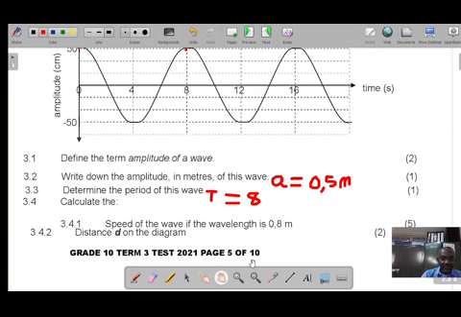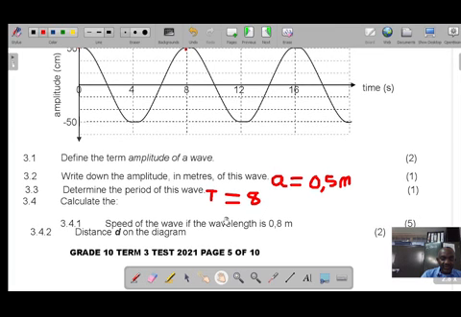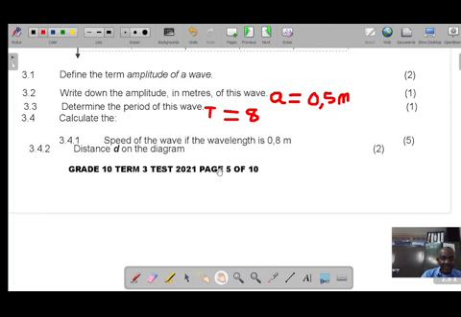Now they gave us the wavelength here. What does the formula say? If you have the wavelength and the frequency, you can find your speed. So the speed v equals frequency times lambda, where lambda is the wavelength.